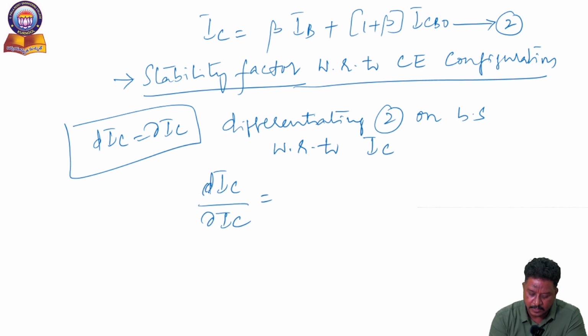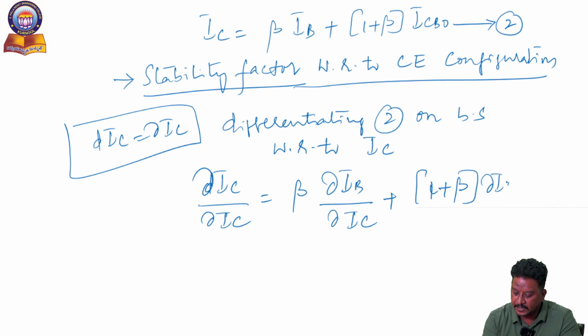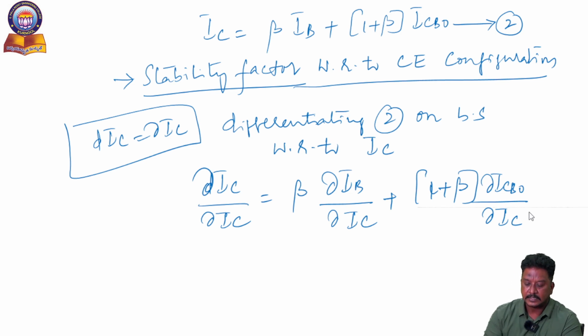In this case, ∂IC by ∂IC is equal to beta differentiating with respect to IC, plus 1 plus beta differentiating ICBO.